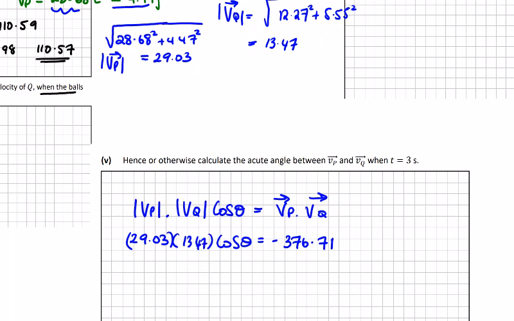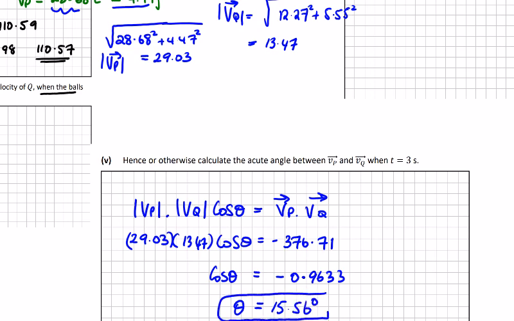So if I divide by those two, I'll get the cos of theta is equal to minus 0.9633, meaning that theta is the inverse of the other side. 15.56 degrees is what my calculator is telling me for the end of question 8.